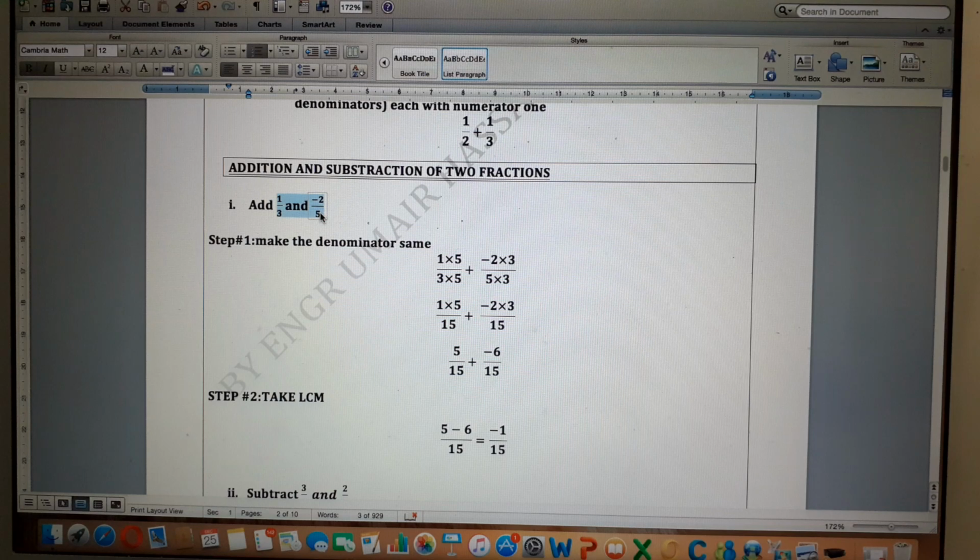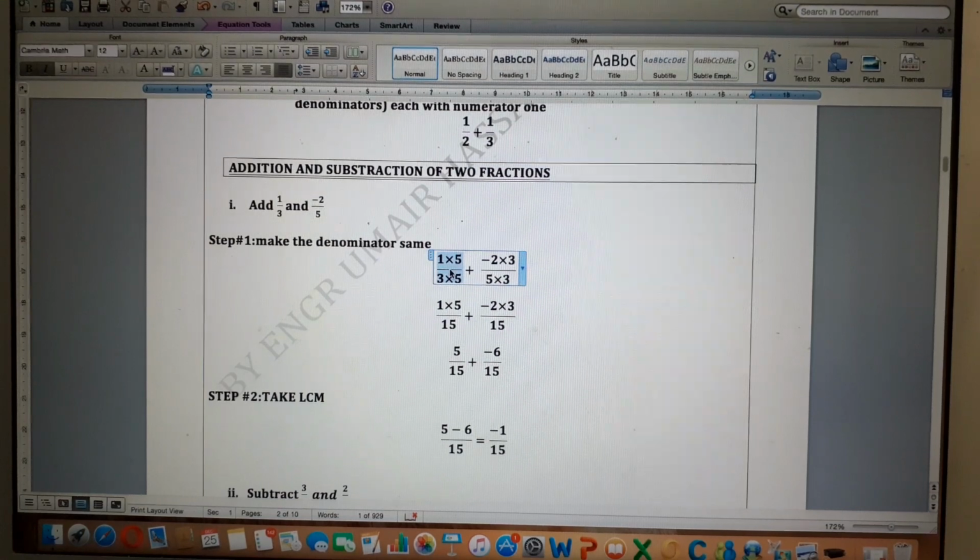If I want to make the denominator the same, I will multiply the denominator of this fraction, which is 5, with both the numerator and denominator of the other fraction, like I have done over here.